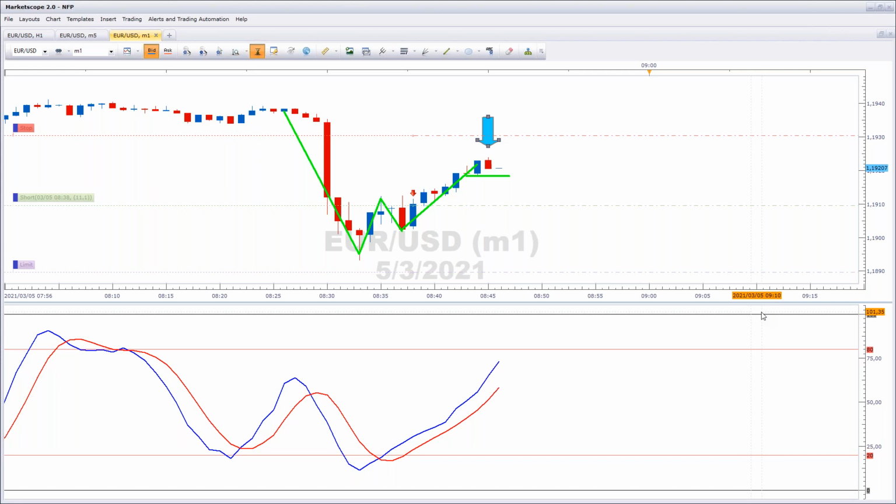So we've got 1, 2, 3, 4, 5, 6, 7 candles. So 7 minutes, 8 minutes of higher highs. My heart fell into my stomach there. We're very close here of getting stopped.